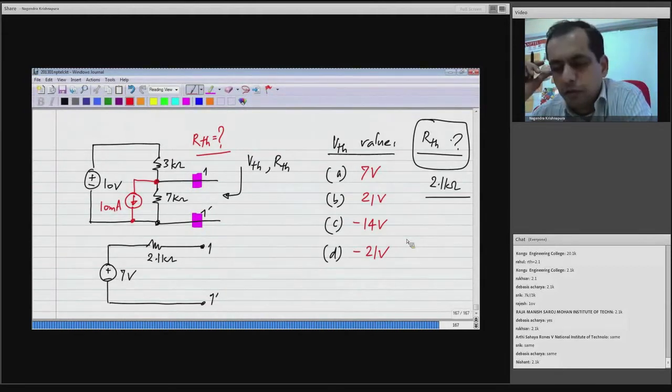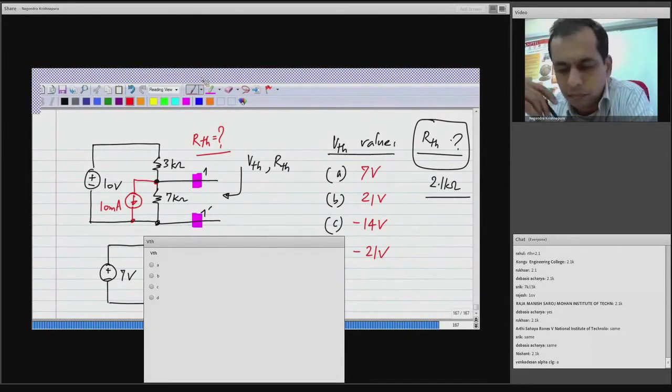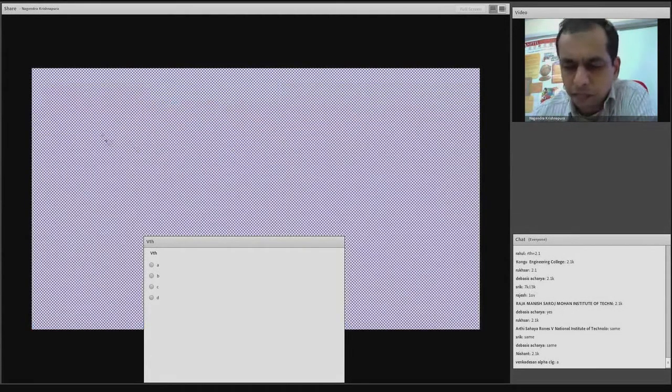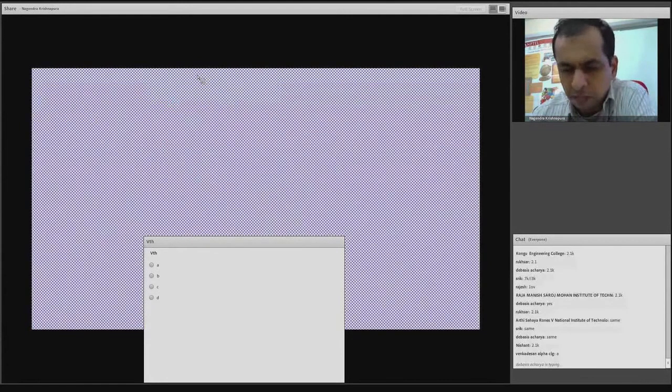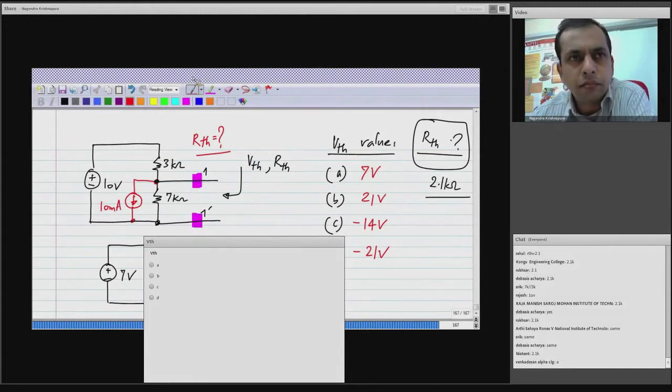What will be the value of the VTH, voltage source VTH? With the current source added, okay, what is the value of VTH?